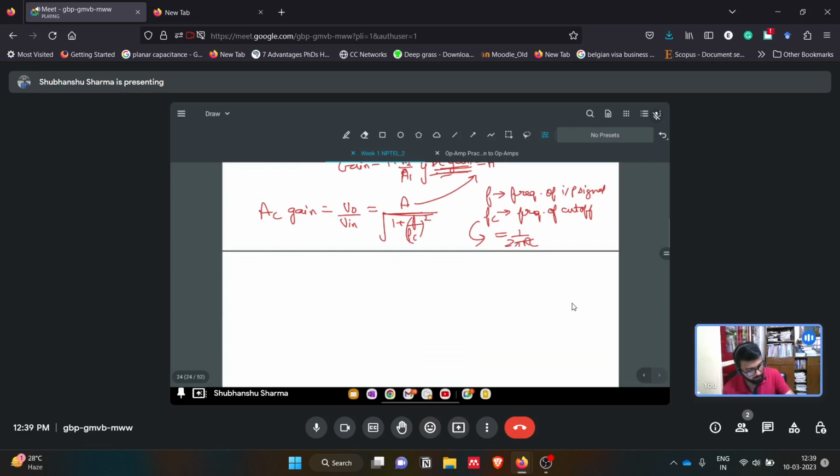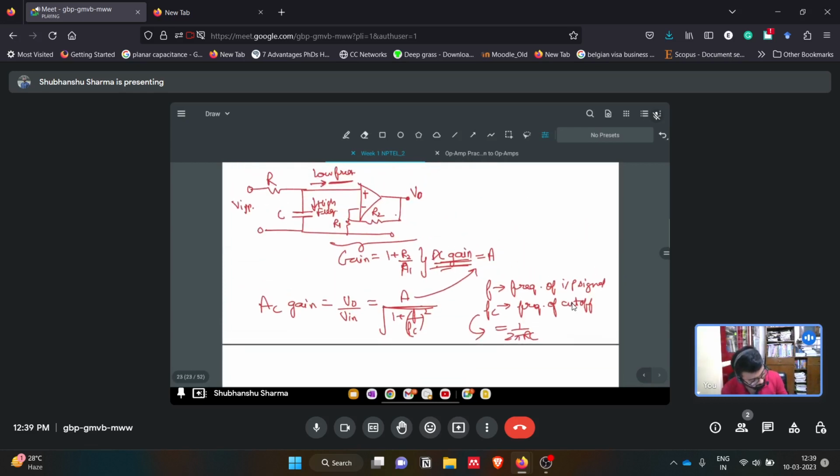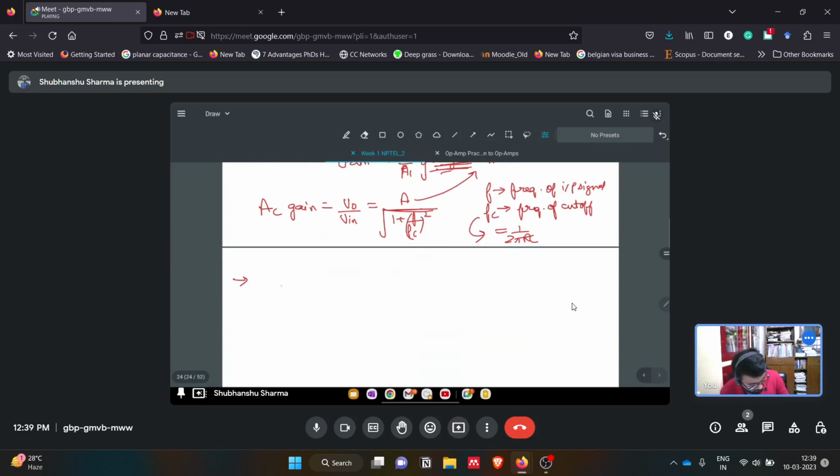Now we can also use a second order low pass filter. Since we talked about the first order low pass filter, we can also use a second order low pass filter.